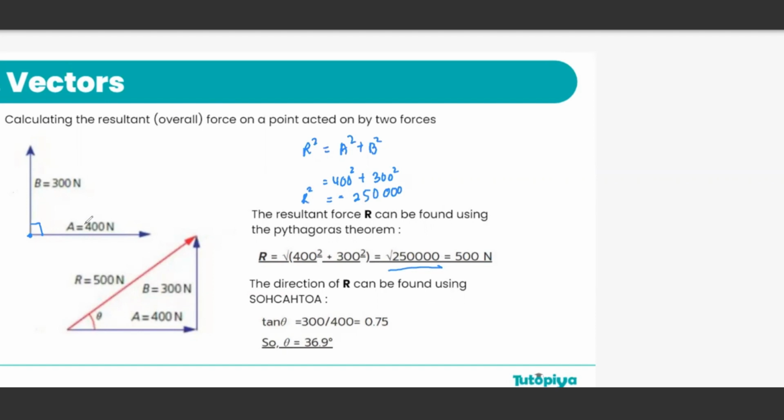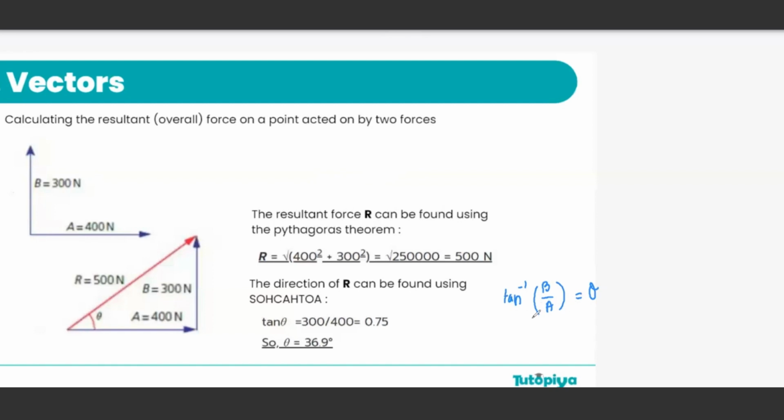And now we'll find the theta, or the angle to the horizontal of the resultant force. To do this, we simply apply tan inverse B over A is equal to theta, the vertical force divided by the horizontal force.